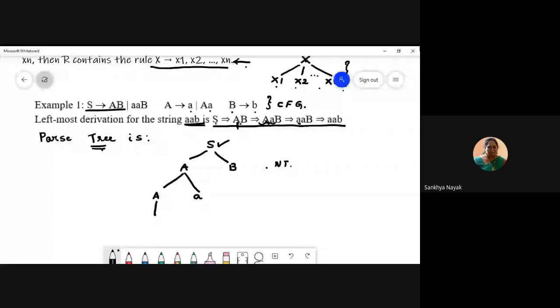So the left A is expanded as A and A. Now you can see this capital A is expanded as small a, and finally this B is replaced by a small b.